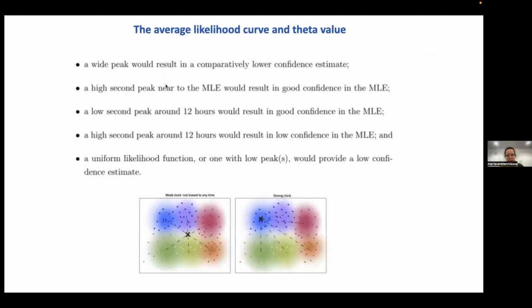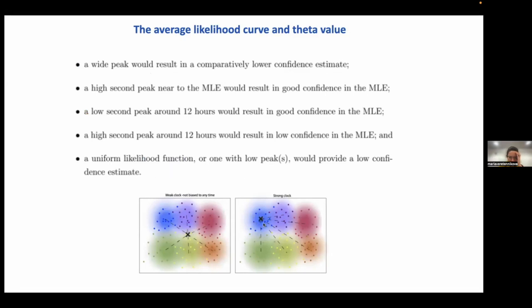So yeah, if you have a wide peak, then you would also have very low confidence, because basically the wider the peak, the higher the theta. And for us, high theta is high dysfunctionality. If you have a sort of uniform likelihood function with no or low peaks, then you would also have low confidence.